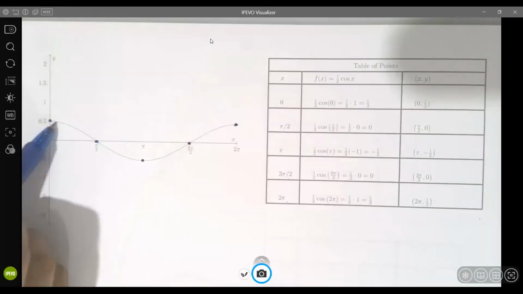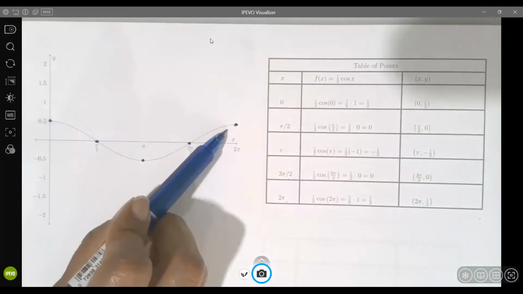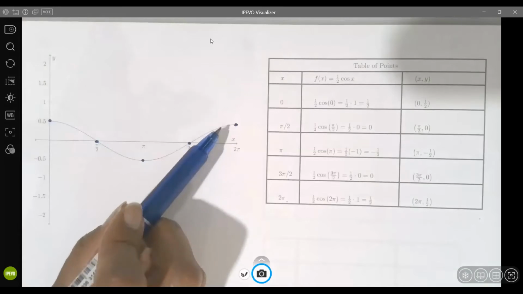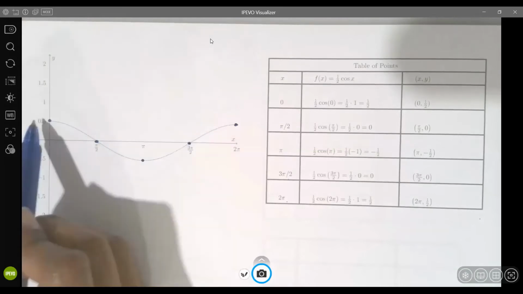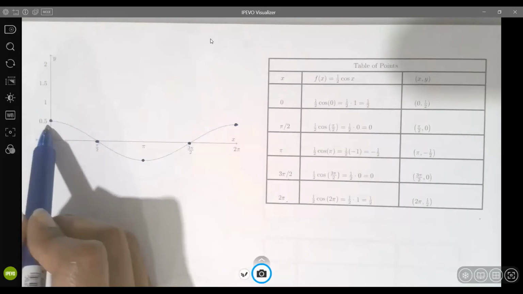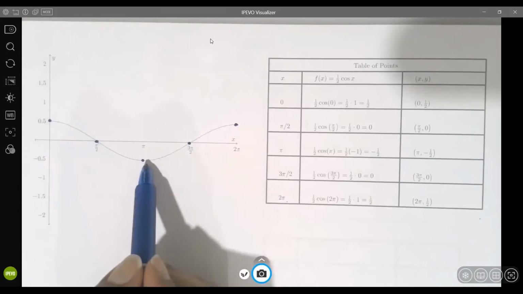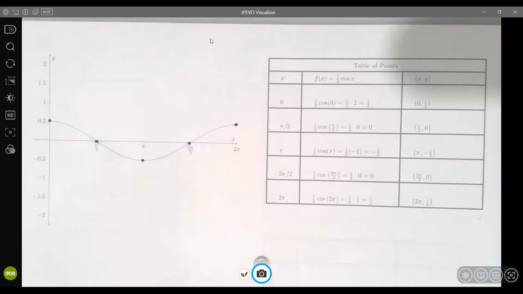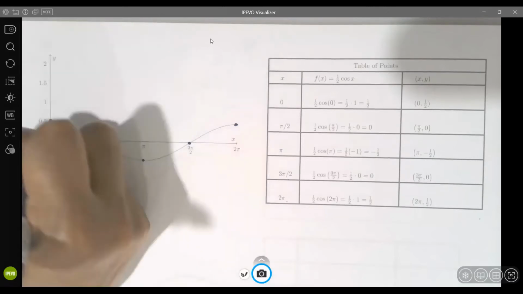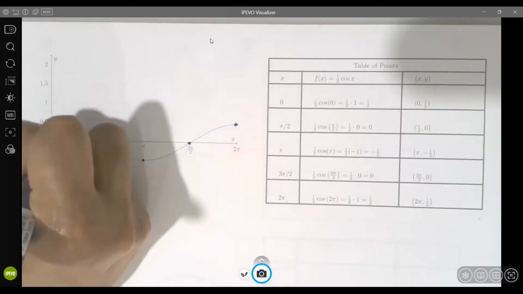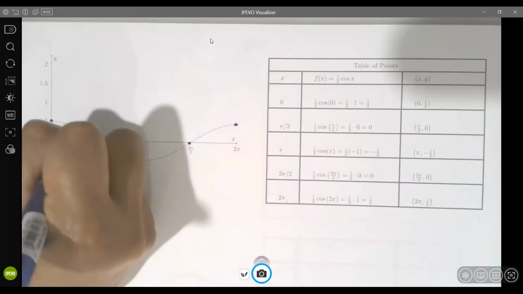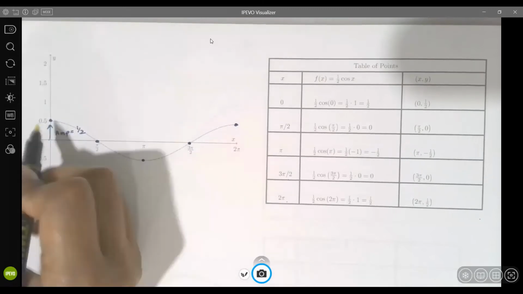And so it produces, again, this curve that still looks like cosine, but it's not reaching all the way up to 1. It's only making it up to +1/2, and then the lowest it goes is to -1/2. Okay, so we've got this situation of the amplitude still being 1/2.